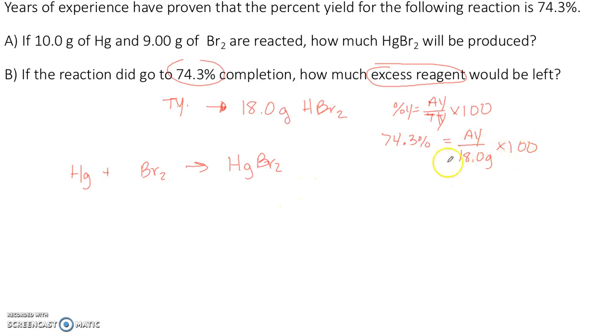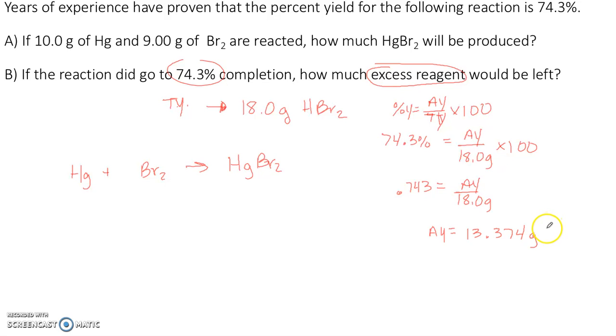So we divide both sides by 100, so 0.743 is equal to the actual yield over 18.0 grams. We multiply both sides by 18.0 grams, and we end up with an actual yield equal to 13.374 grams.